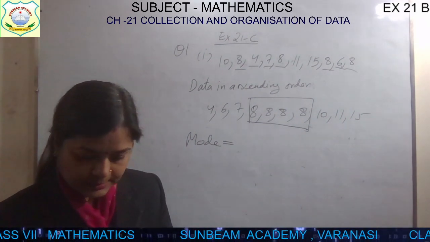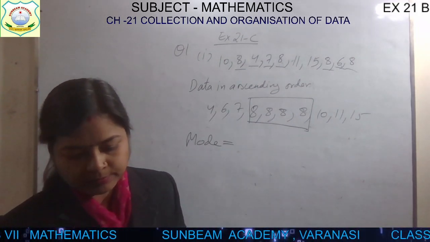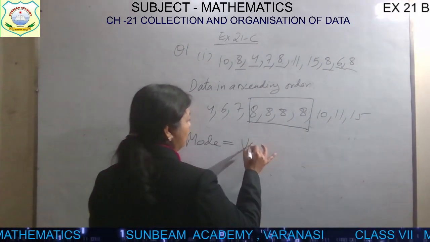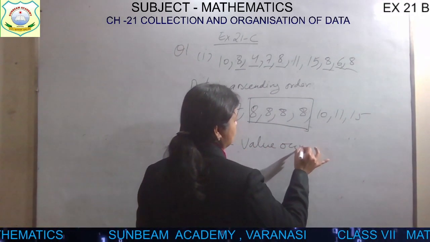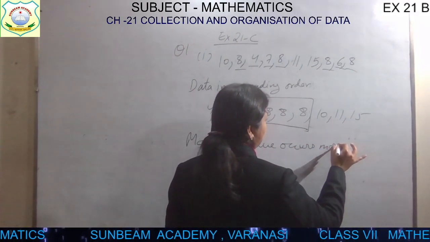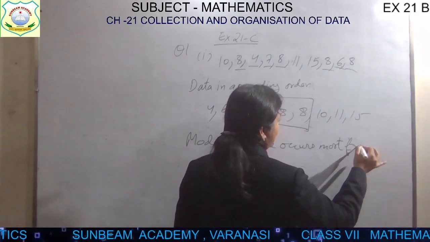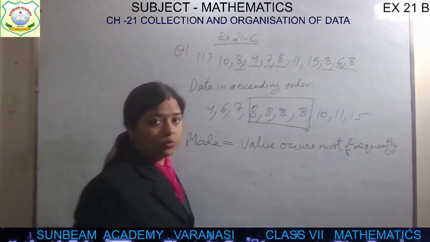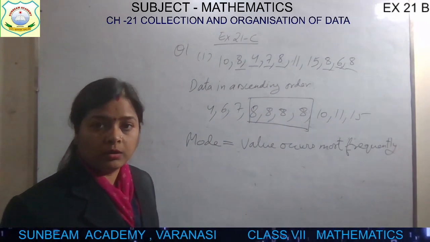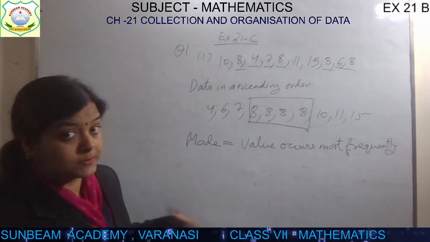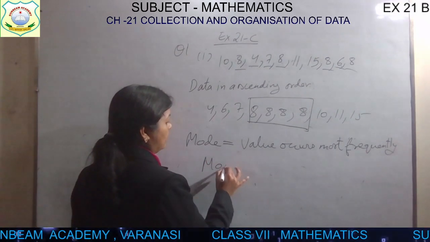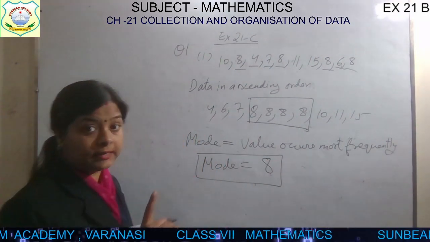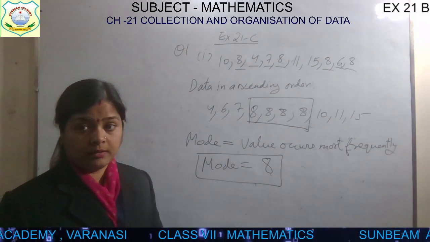You can write it as: mode, the value which occurs most frequently. So which one is the most frequent number, जो सबसे ज्यादा बार आया? Which one is the mode? Here mode is 8. Mode is 8, not 4, children. 4 नहीं लिखेंगे. The number which occurs most often, that is 8.